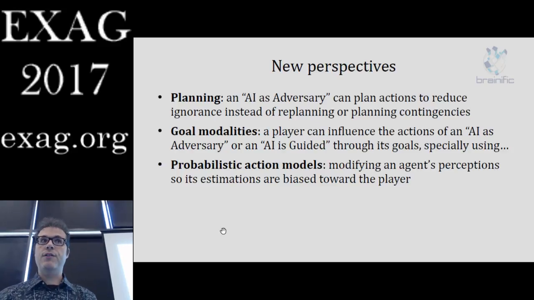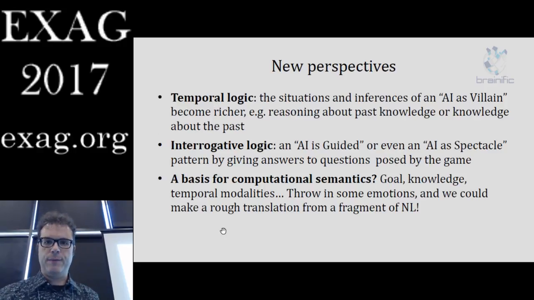This is a kind of manipulation, and it's even more interesting when we are considering probabilistic action models, so that the outcomes of an action have some degree of probability of appearance. So if we influence the estimate of the probability of an outcome of an agent, they might take one action or another, which could be a much subtler form of manipulation.